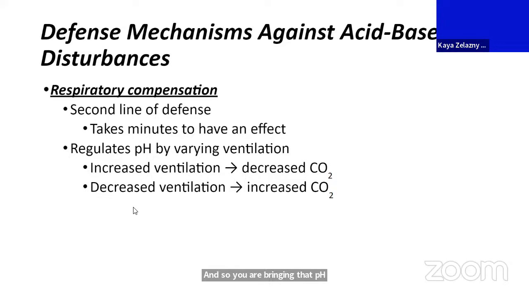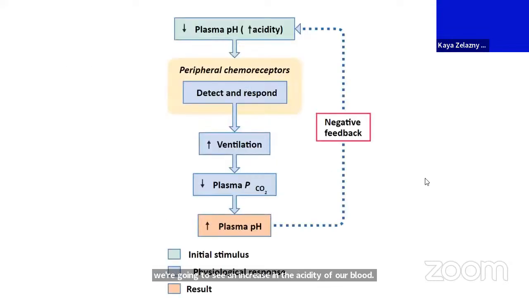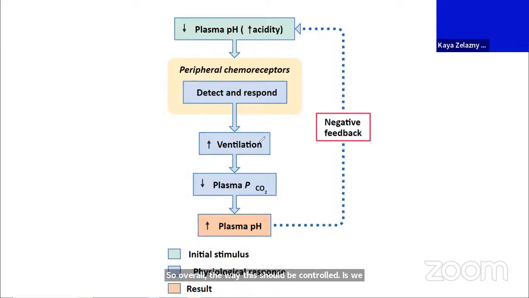In the case that we slow down our breathing, we're not breathing out enough CO2. Now that CO2 is still hanging out in the plasma. So we're going to see an increase in the acidity of our blood, which is a decrease in pH. Overall, the way this should be controlled is we have sensors that can sense the pH of our plasma.